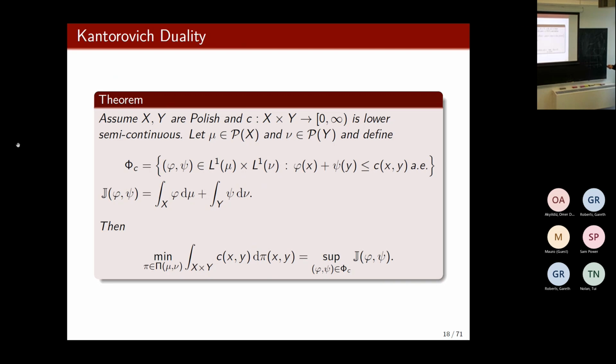Then we have the objective J, which is just the integral of phi with respect to mu plus the integral of psi with respect to nu. Duality says that the optimal transport problem is equal to the maximum of J over this set.